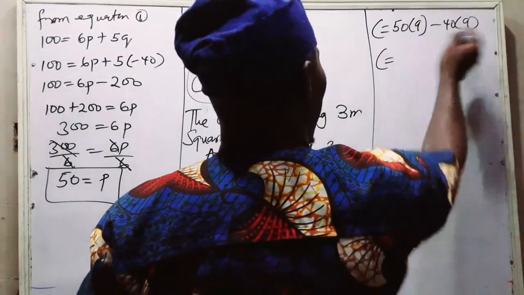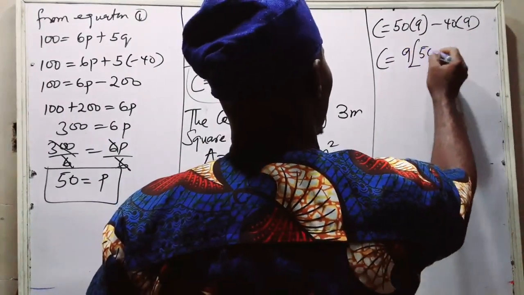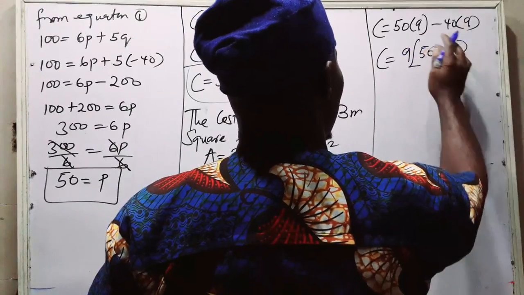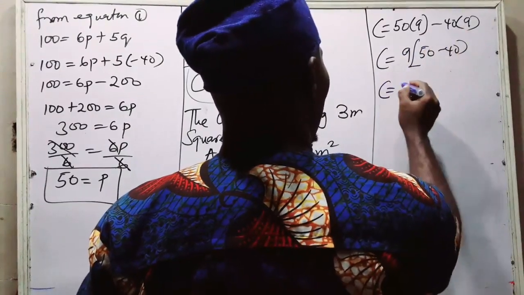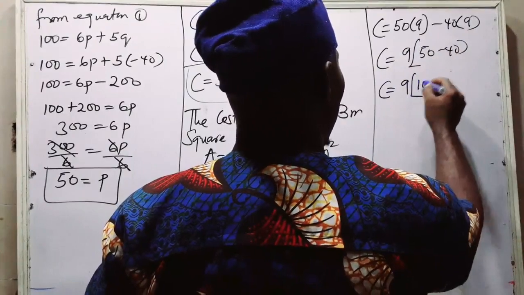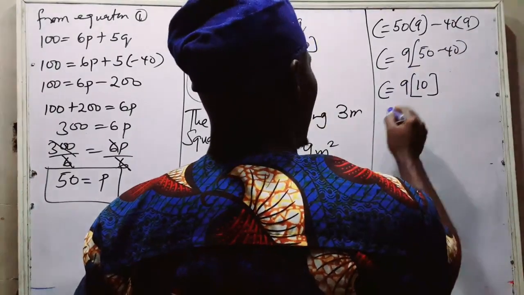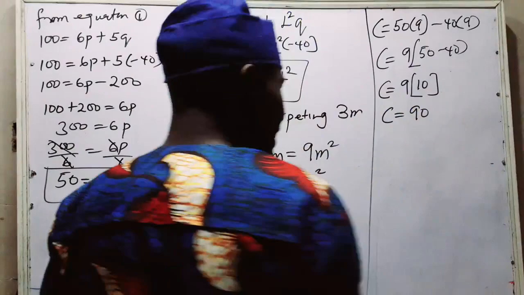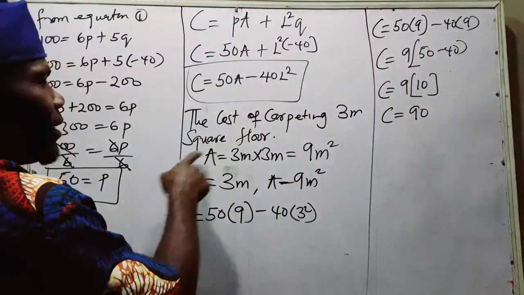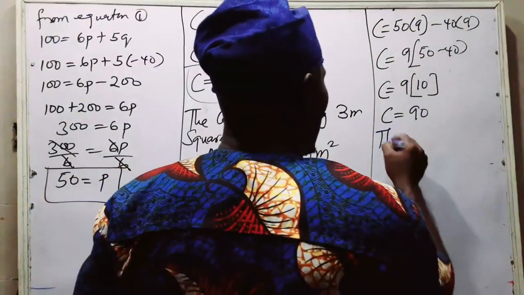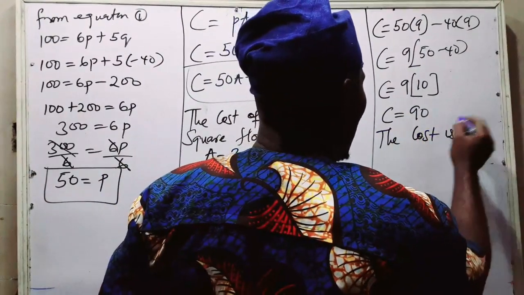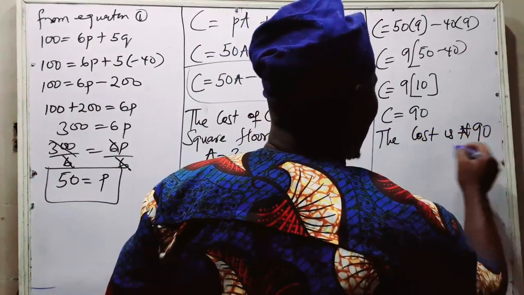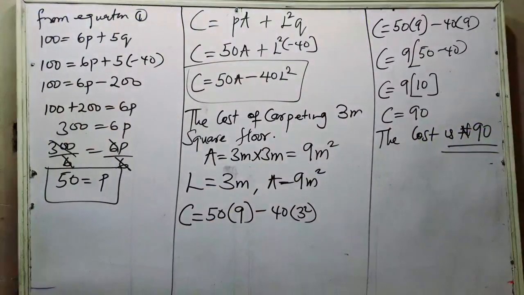So 9 is common, we have 50 minus 40. So C is equal to 9 times 10. From here, C is equal to 90. So the cost of carpentering a 3 meter square floor is 90 naira.